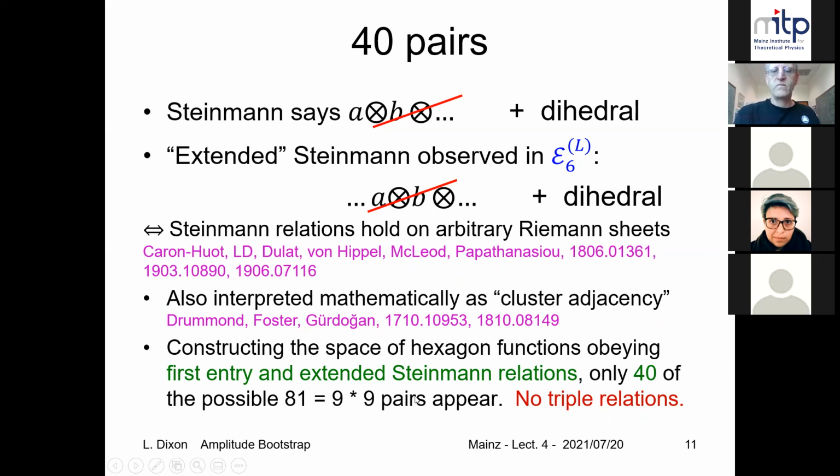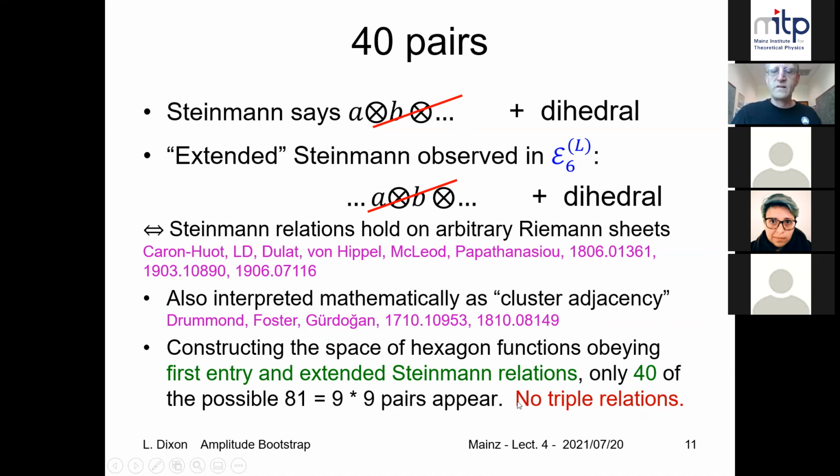So you might have thought there were 81 minus a certain set of integrability relations, which turns out to be 26. That would have given you 55, but actually only 40 appear. So these extended Steinmann relations together with the first entry relations are quite powerful.